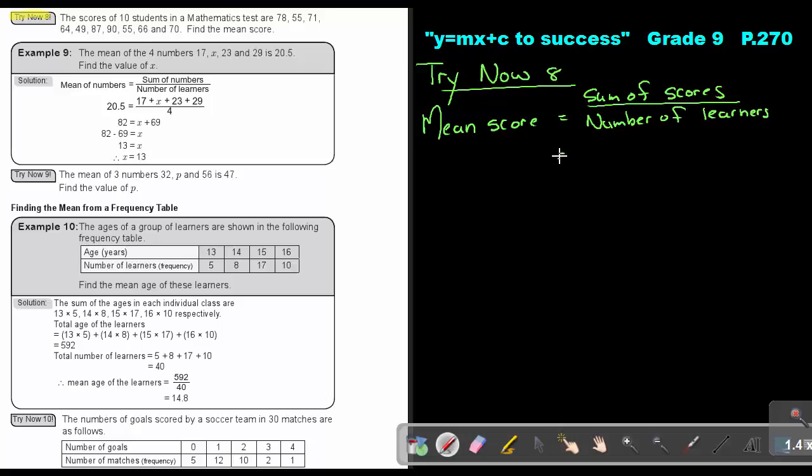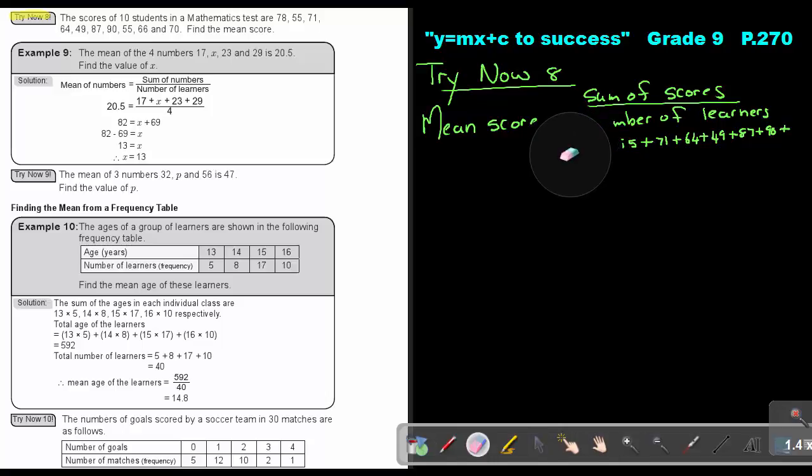And this is going to be 78 plus 55 plus 71 plus 64 plus 49 plus 87 plus 90. Let's just rewrite this again, because I think my space is not going to be enough.